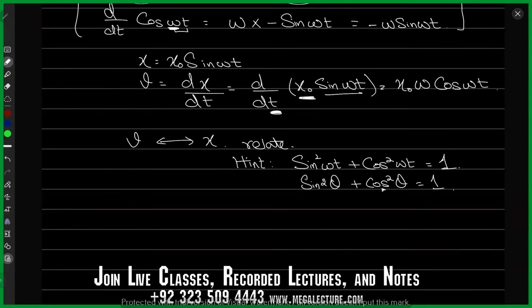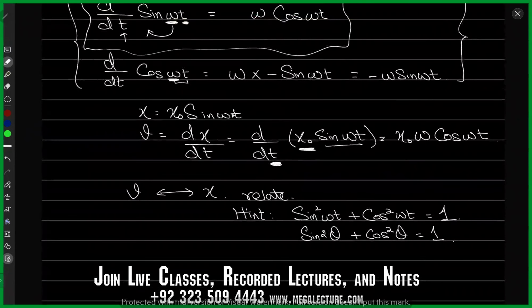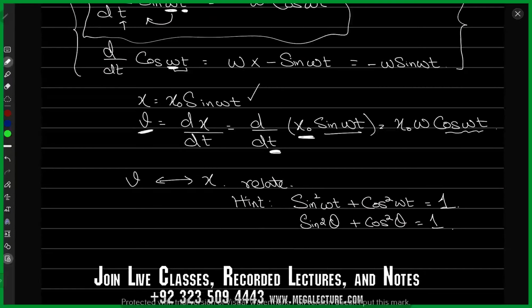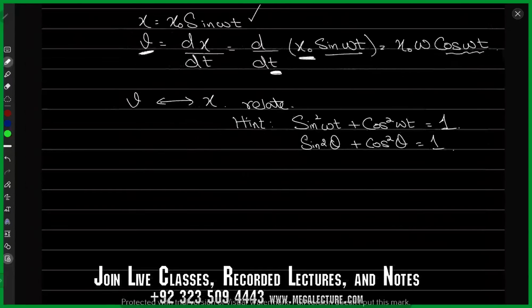If you use this, we know that in x, I have sine, in velocity, I have cos. So you can just square these two and add them together, right? And then you can use this relation to see the relationship between v and x. Do it yourself and see if your answers match with what I'm going to write right now.